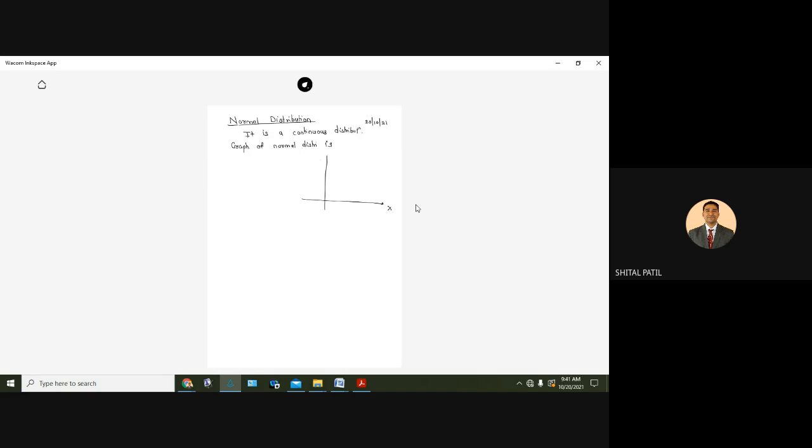We show the value of the x variable on the x-axis and frequencies on the y-axis, and the graph is a bell-shaped graph. This is the maximum frequency. Half the area is on the left side and half on the right side of the maximum frequency.